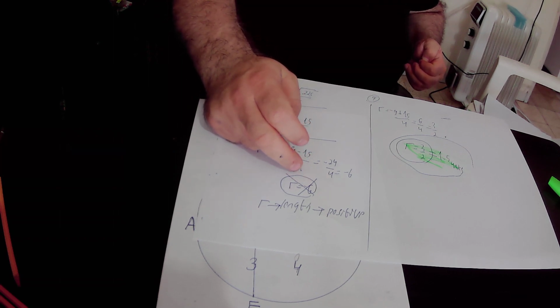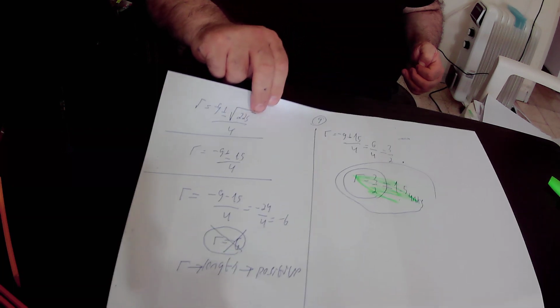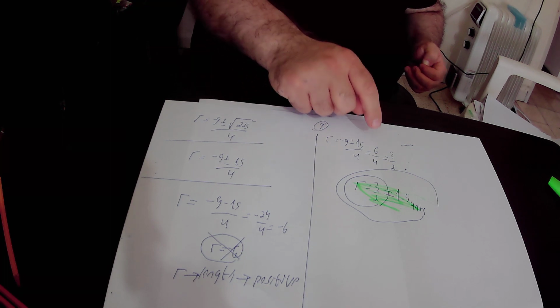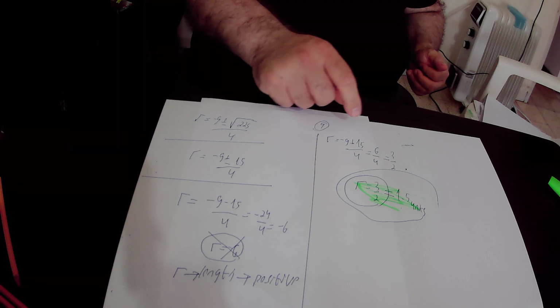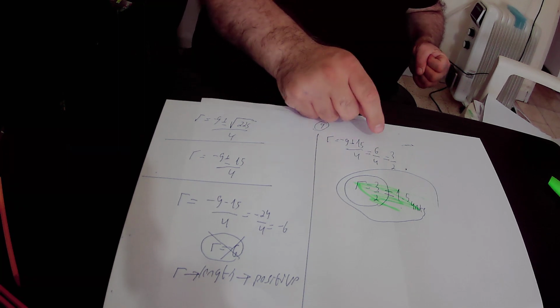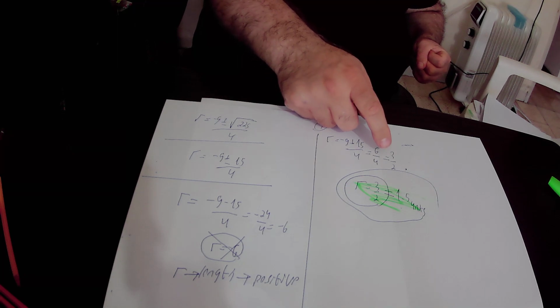So we cancel this solution, and we are left only with the second solution, that r equals minus 9 plus 15 over 4. Minus 9 plus 15 is 6, so we have here 6 over 4. We divided both the numerator and the denominator by 2. 6 over 2 is 3, and 4 over 2 is 2.